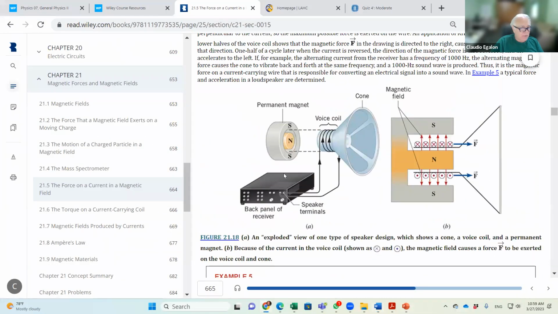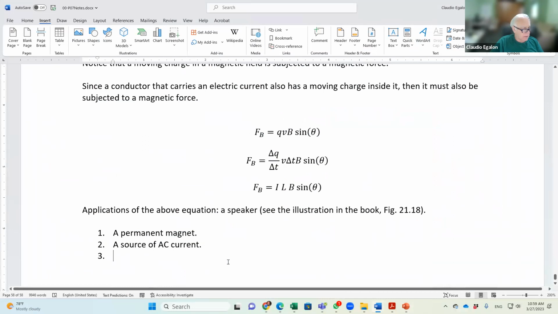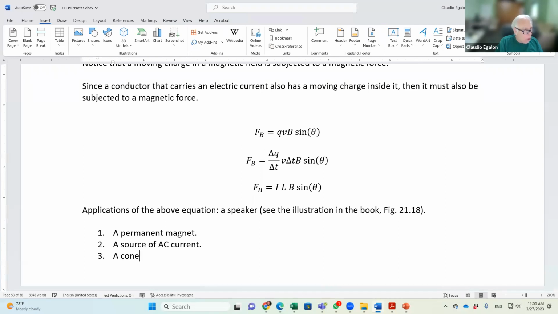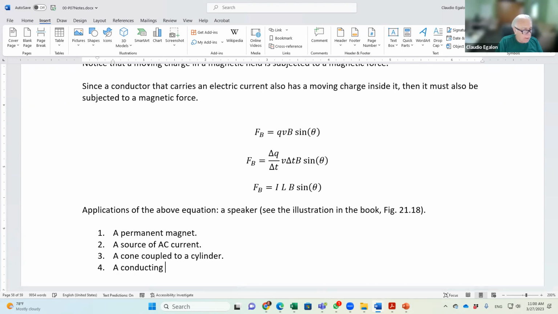That's what your receiver is all about. Your receiver is a source of AC current. Then a cone coupled to a cylinder, and a conducting wire wound around the cone.